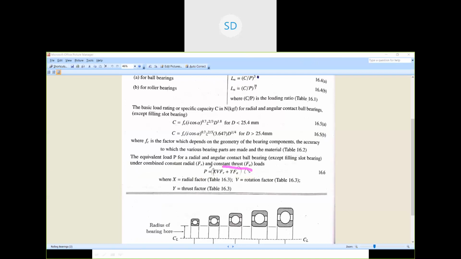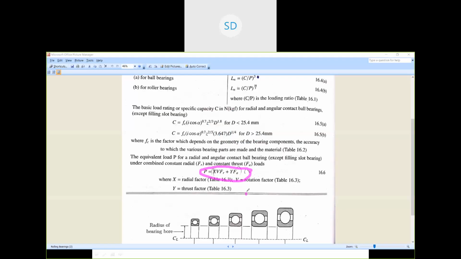So now this is the equation, without service factor.